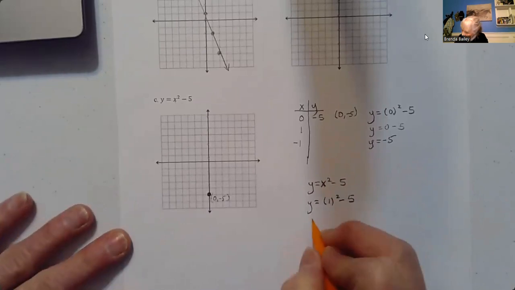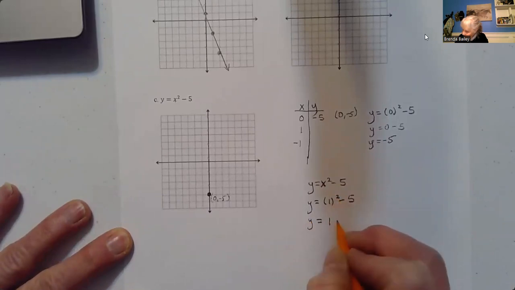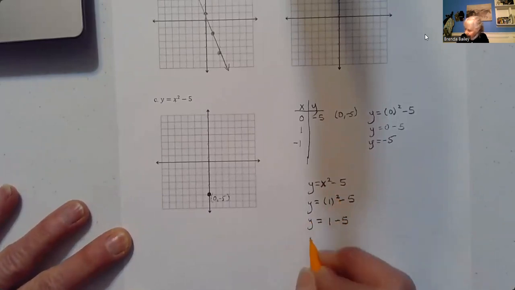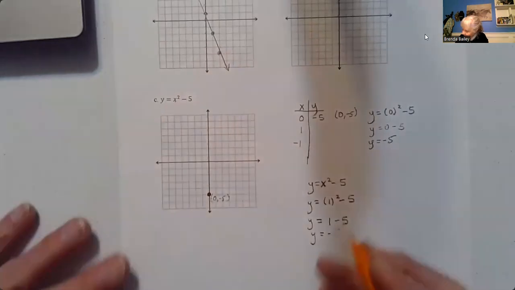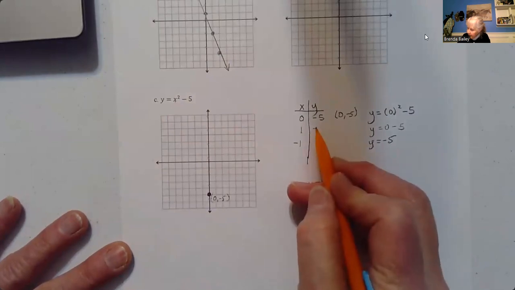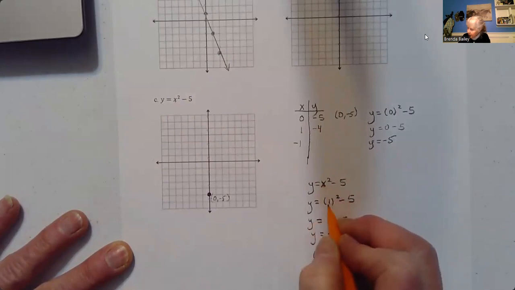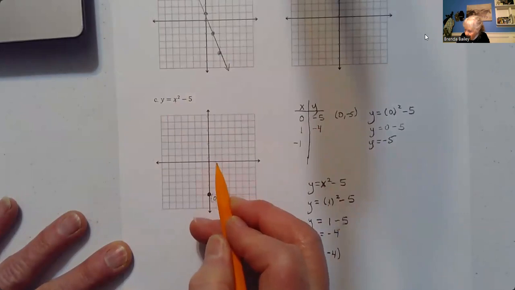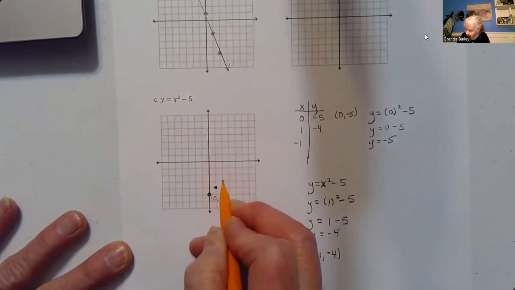So here, y equals 1 squared is 1, minus 5, which is -4. So we have the point 1, -4. When x is 1, we get a -4. So let's plot that. 1, 2, 3, 4. There's our point 1, -4.